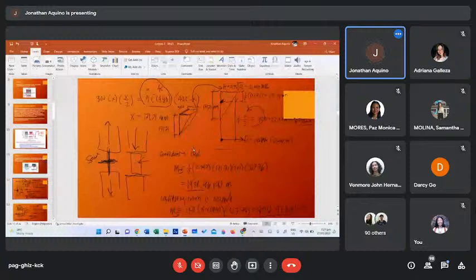Okay. May mali tayo sa gawa pala kanina. So, yung fc natin, dapat pala hindi square root of f'c. So, bawiin na natin to. So, dapat 0.45 f'c siya.